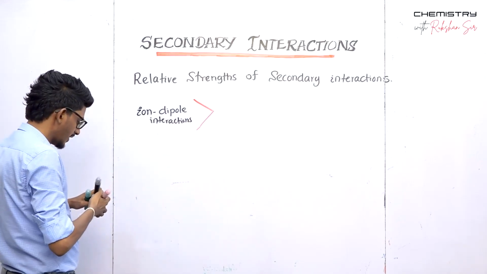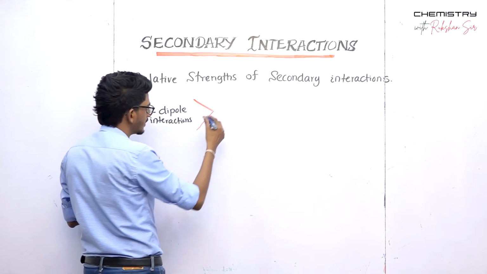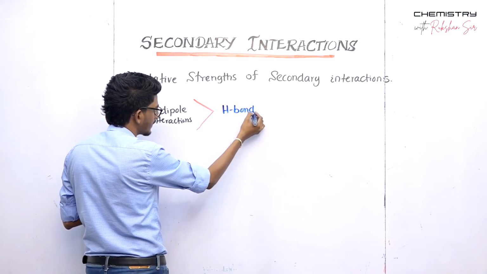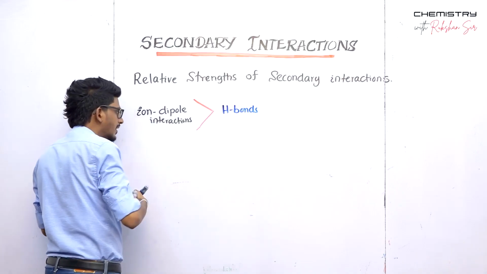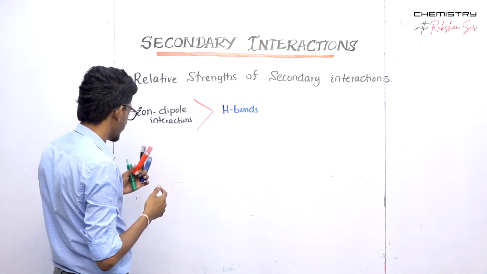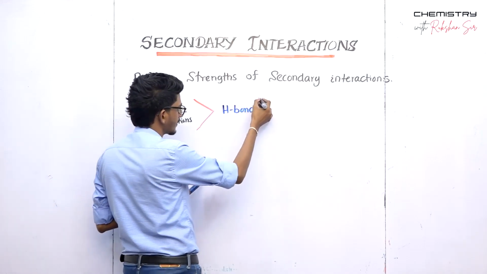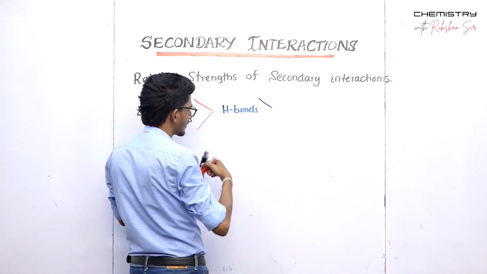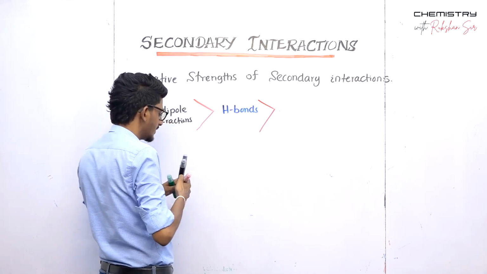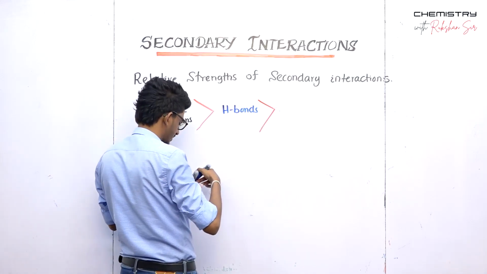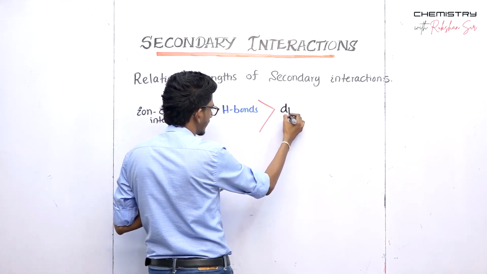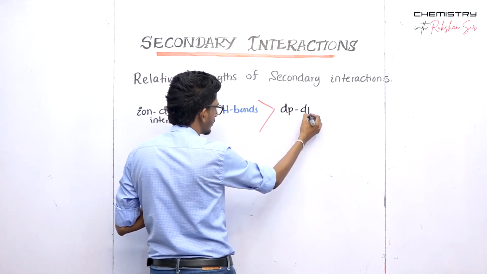Then hydrogen bonds are with a lesser strength than the ion-dipole interactions. After the hydrogen bonds, the next ones are the other kinds of dipole-dipole interactions, other than the hydrogen bonds. I write it as dp-dp, dipole-dipole interactions.